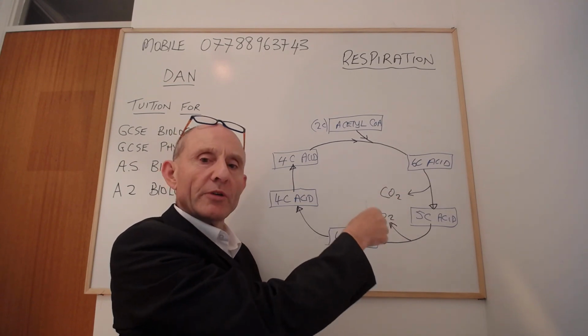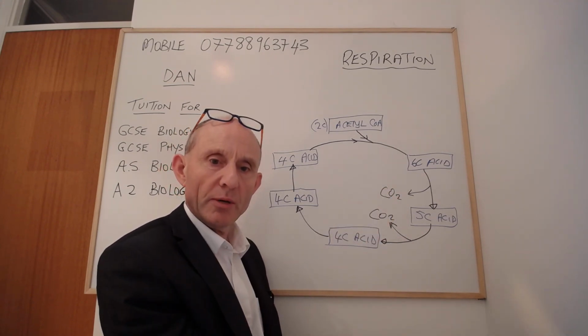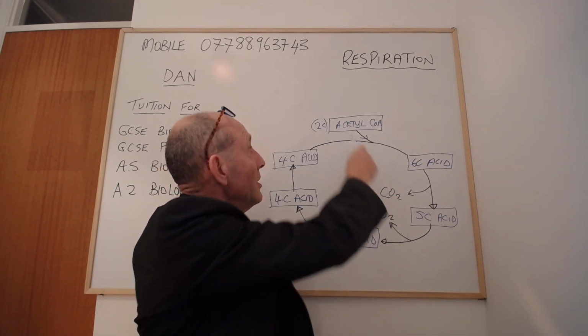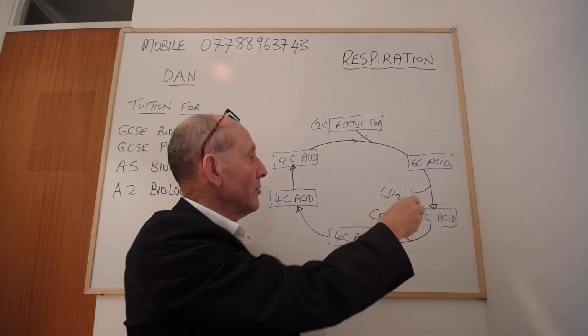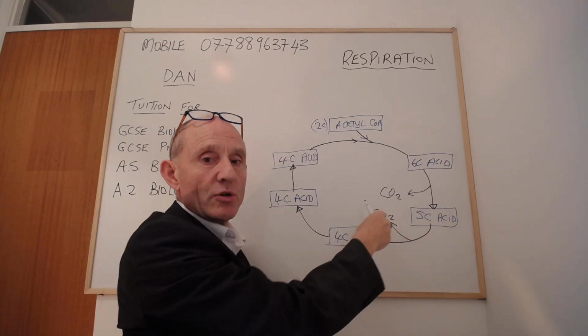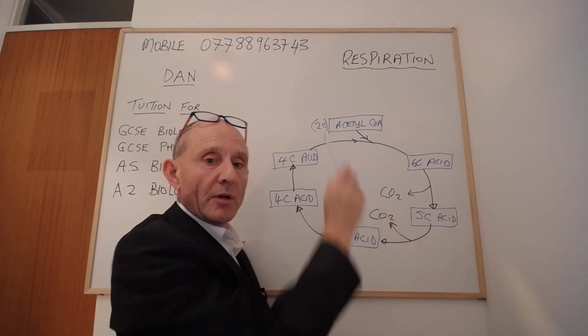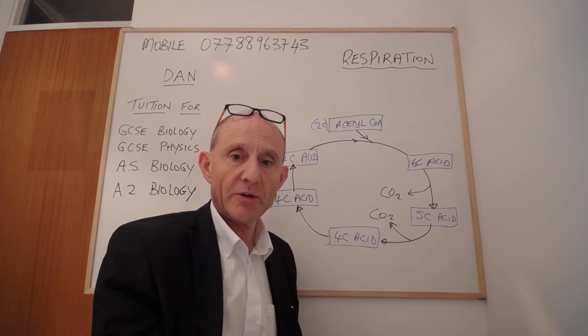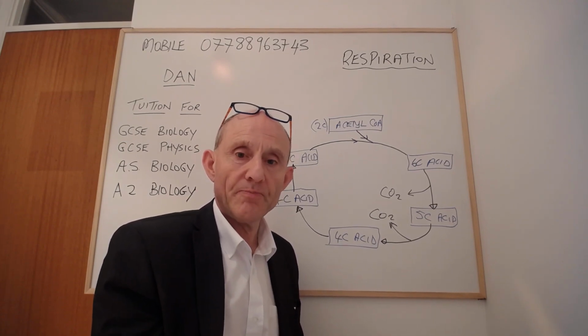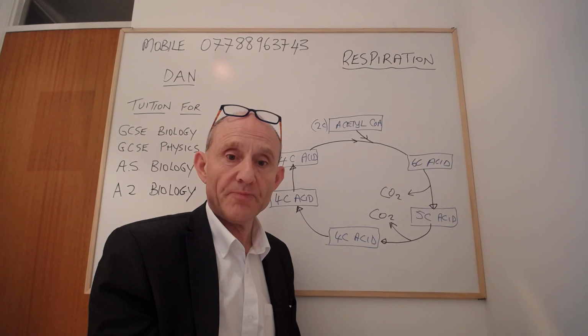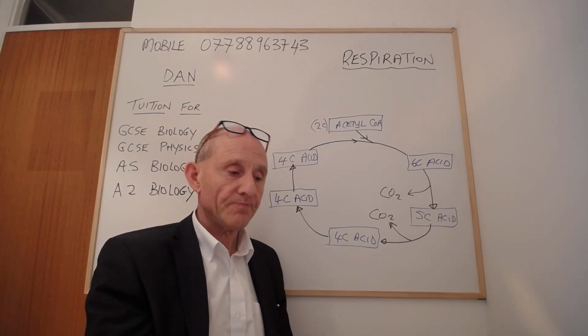But this happens twice, of course. I mean, you get 2 Krebs cycles, don't you? Because you have two acetyl-CoAs. So this happens twice. So 2 CO2s here by 2 gives you 4. And then the 2 from the 2 branches of the link reaction gives you a total of 6 CO2s released so far.